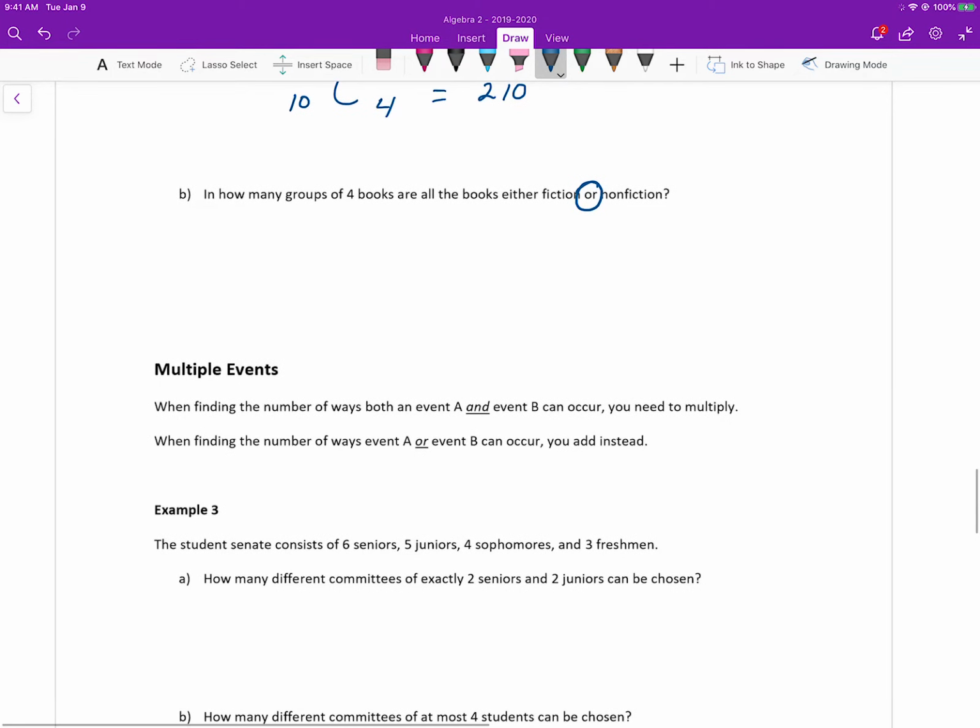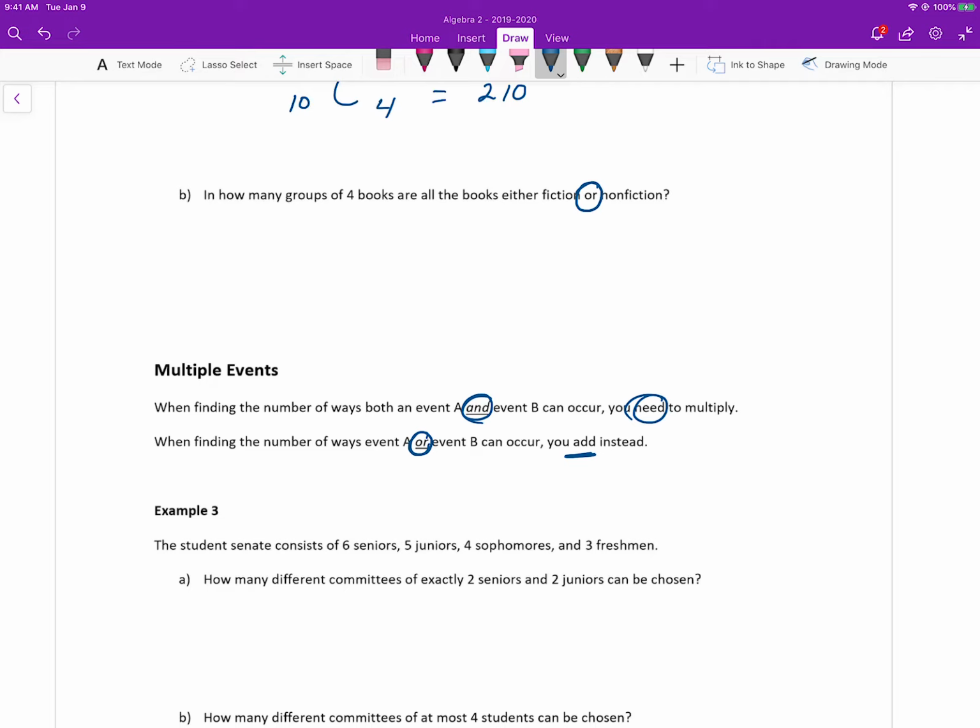And then we're telling you with probability, if you have or, what we're doing is we're adding. And if we have 2 events and it's and, we're going to multiply. So what we're going to do is figure out how many options we have separately, and then we're either multiplying if they're and or adding them together if it's or.